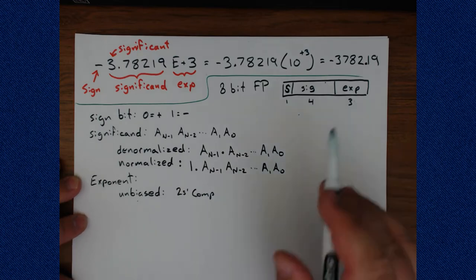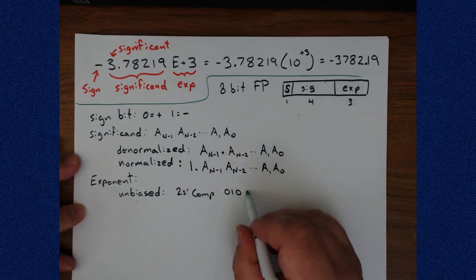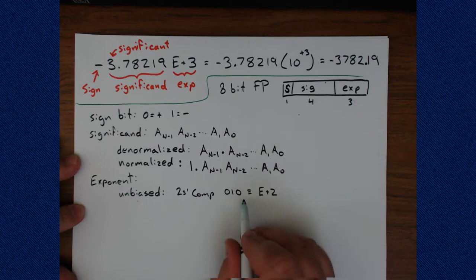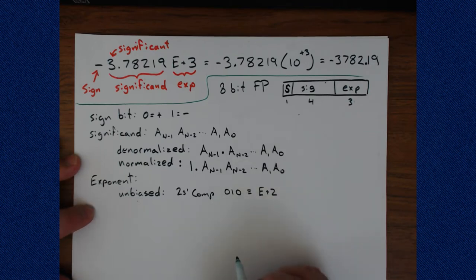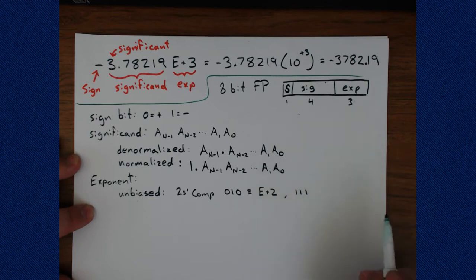Right? And so for a 3-bit exponent, if we had a 0, 1, 0, we would assume that this is effectively the same thing as having written e plus 2, because this is the representation of positive 2. Or if we had 1, 1, 1, this is a negative value.